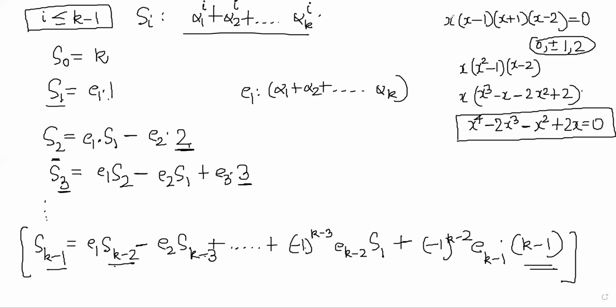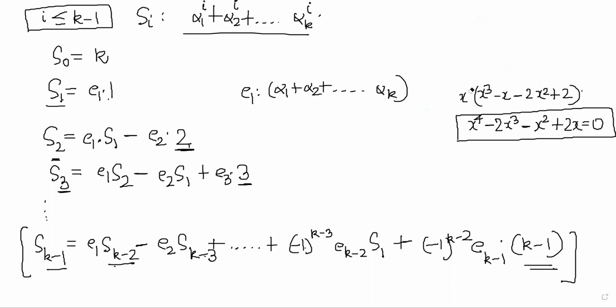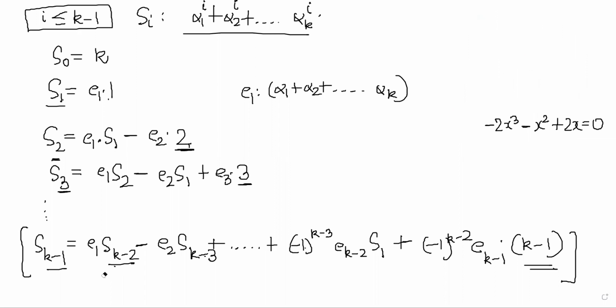So we'll not take this polynomial as an example. What we can do is slightly tweak it. One second. So suppose x power 4 was here.